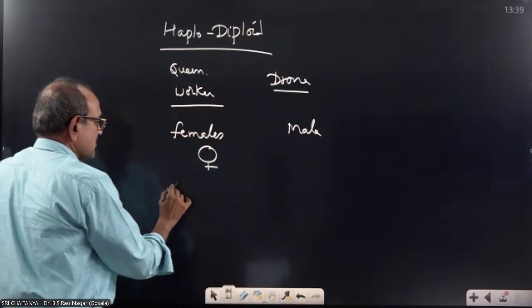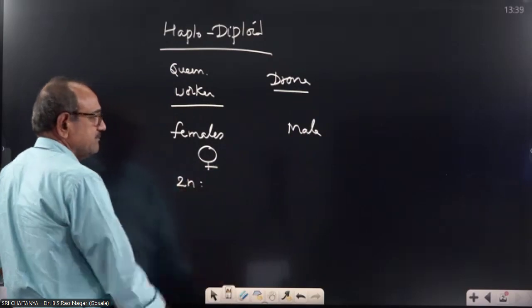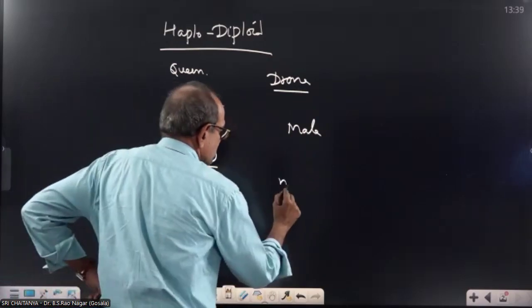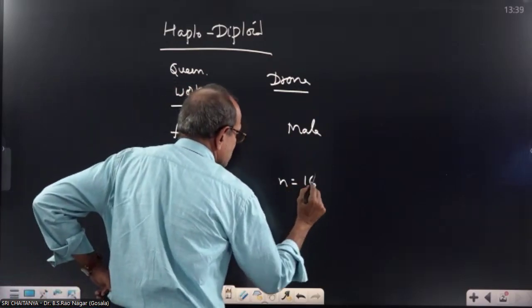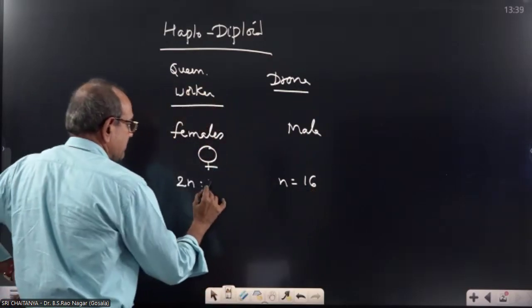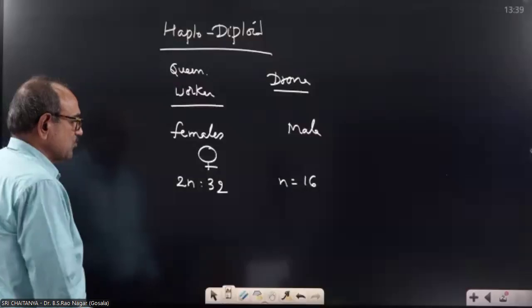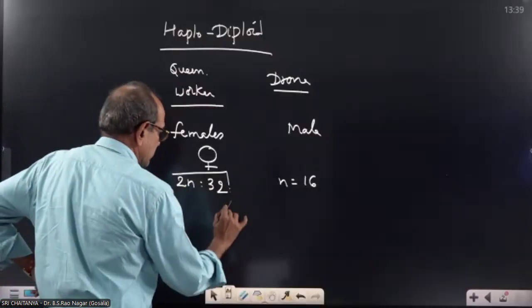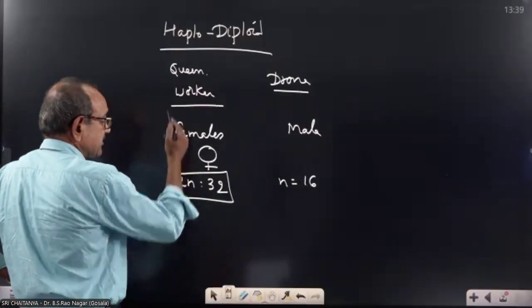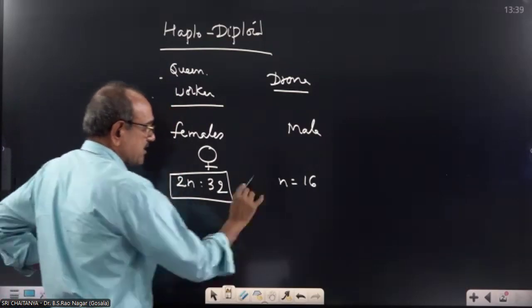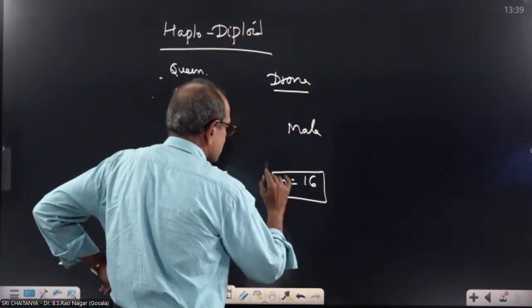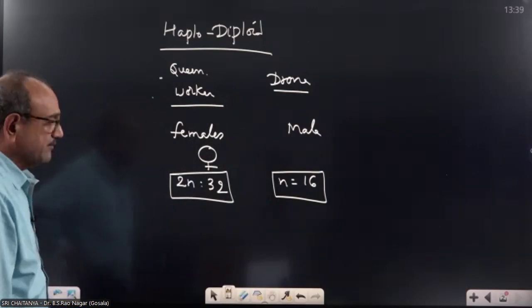Queen and workers are diploid, whereas drone males are haploid with only 16 chromosomes, diploid 32 chromosomes. If the chromosomal complement is 2n, invariably it becomes a female. If it is haploid, it becomes the drone, the male.